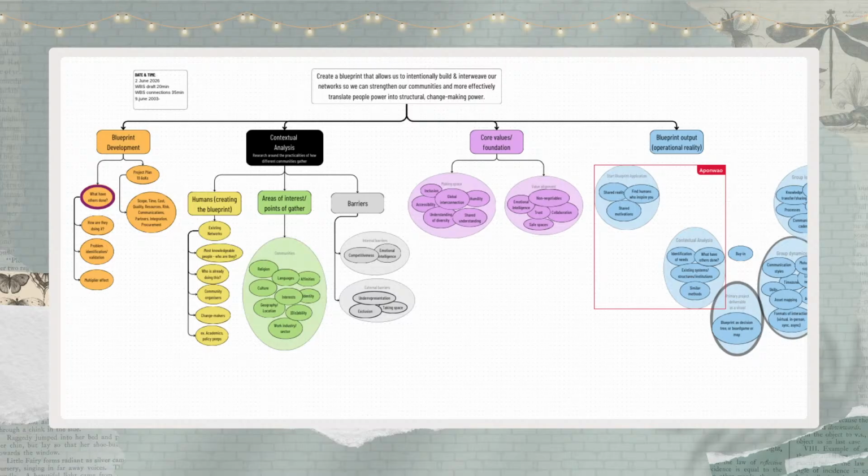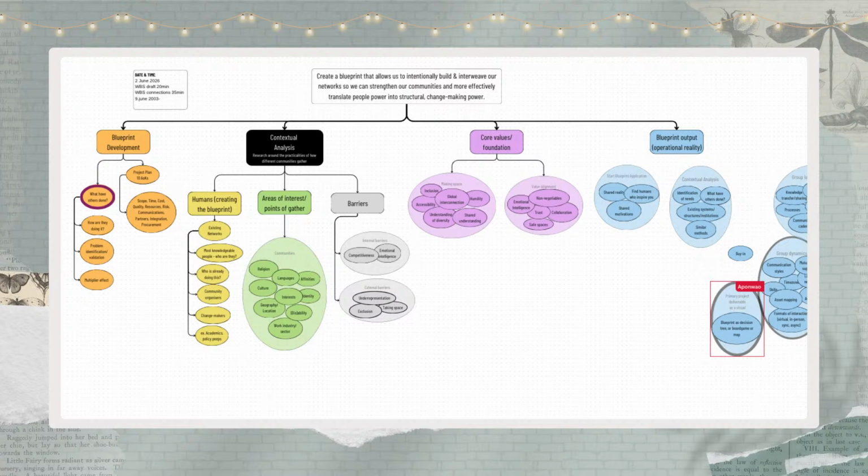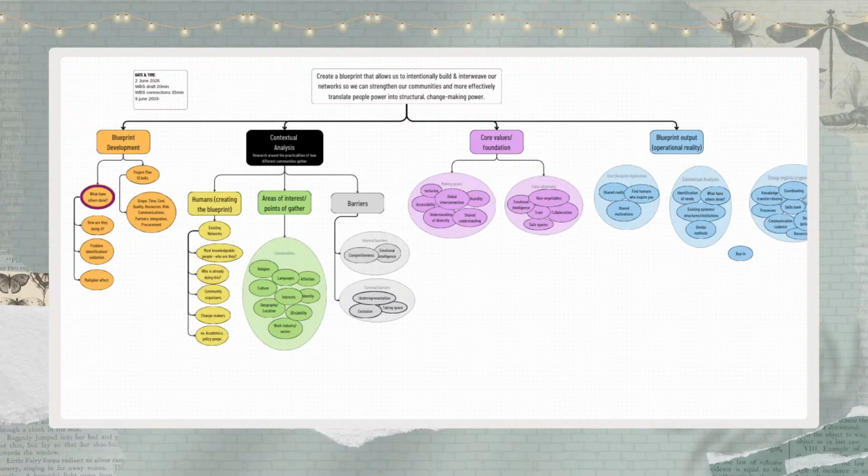Then getting buy-in after that. I don't know if buy-in ends up being its own category or on the same level. I think it would be part of the group logistics and operations, don't you think?